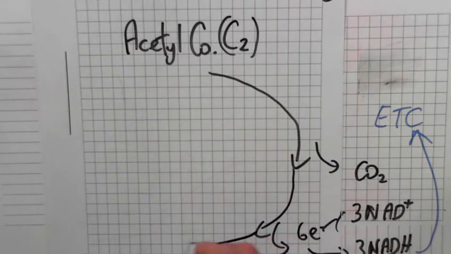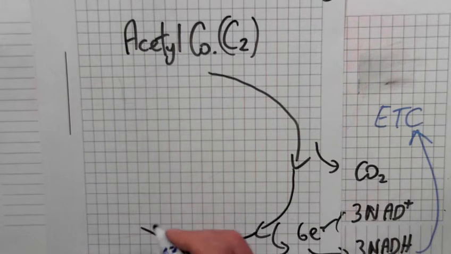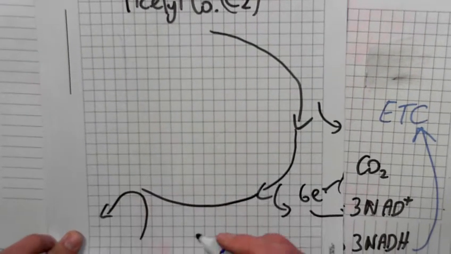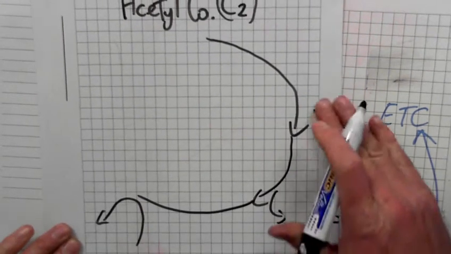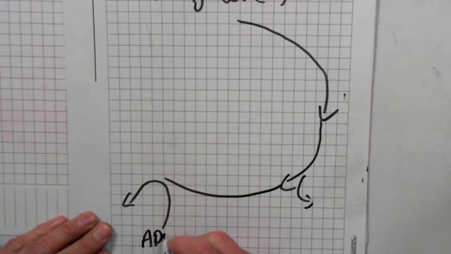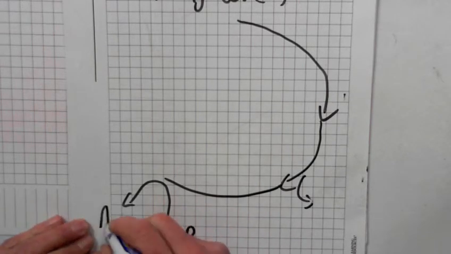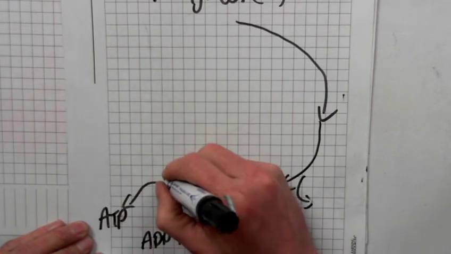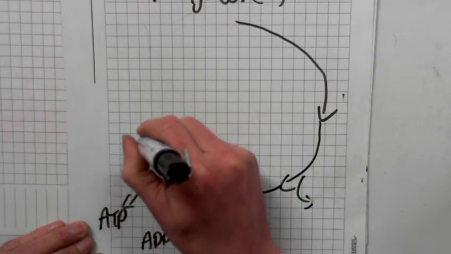Right, so continuing on, you have 1 molecule of ATP produced. You have 1 last carbon, don't you?